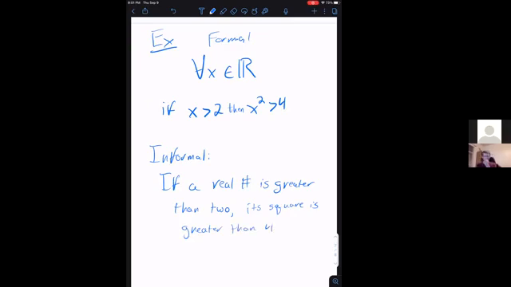That's the way of writing it where it doesn't have all the symbols. You could also say the square of any real number greater than 2 is greater than 4. You could also say whenever a real number is greater than 2, its square is greater than 4. It really doesn't super matter as long as you get all the pieces of information. And what are those? You have to be a real number, you have to be bigger than 2, and then your square is bigger than 4, okay?